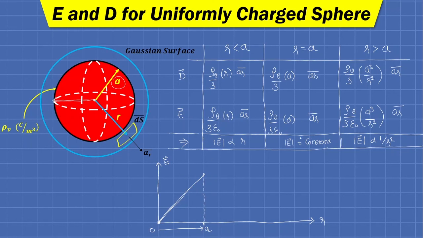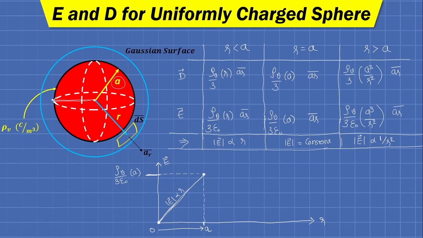At the surface it will be constant, and this constant value is nothing but rho v upon 3 epsilon naught into a. Here we can write modulus of E bar is directly proportional to r.